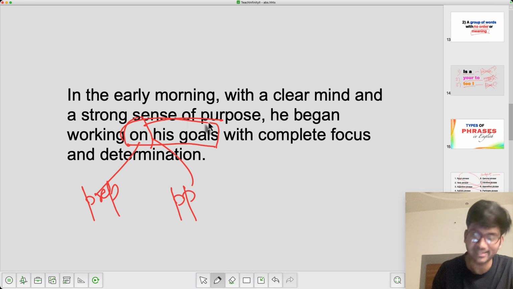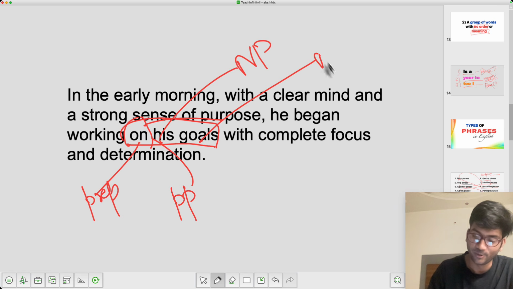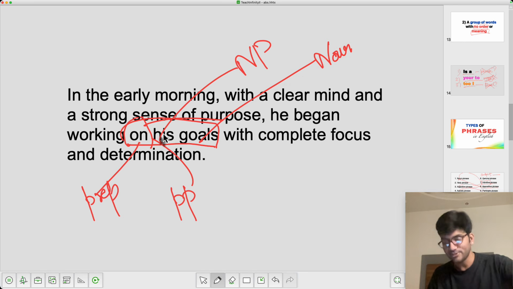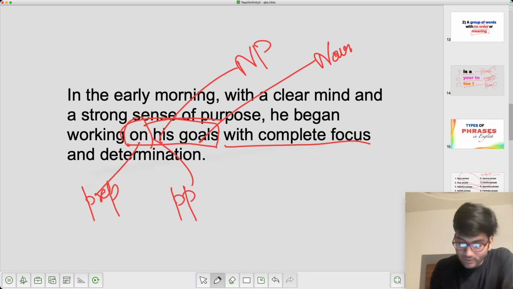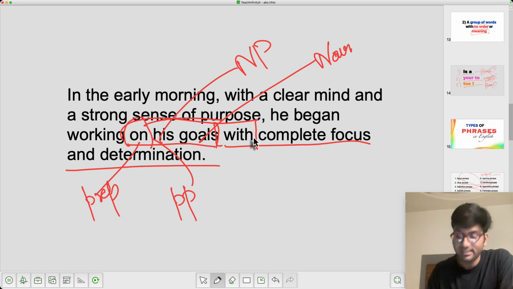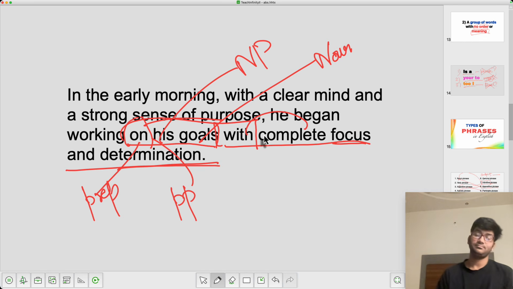And his goals is another phrase, and this is a noun phrase headed by the noun goals, and his is an adjective, a possessive adjective, right? Now, after this, with complete focus and determination is another prepositional phrase headed by the preposition with, right? And then the object of this preposition is another phrase, complete focus and determination, where focus and determination are nouns and complete is an adjective.